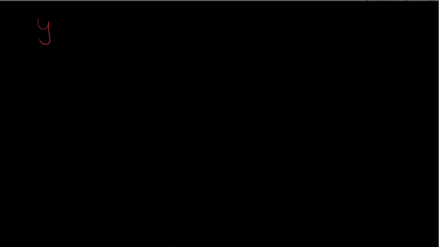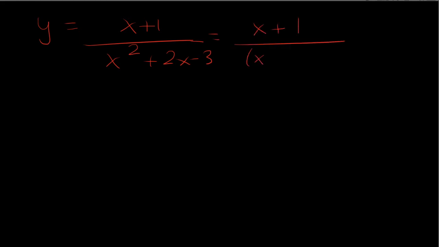Okay, for the next one, we have y is equal to x plus 1 over x squared plus 2x minus 3. It's always good to have this factored out. So that would be x plus 3, x minus 1. So we can get, let's see, horizontal asymptote will still be 0 because the degree of the bottom is greater.